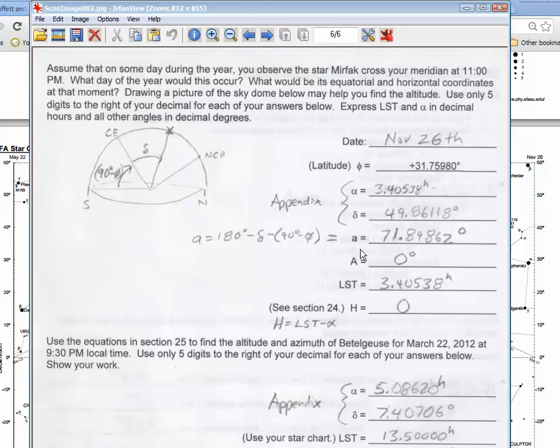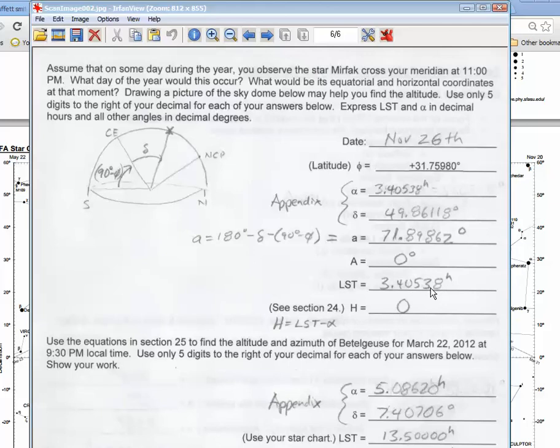So this is how you find altitude if an object is on the meridian. You take 180 minus delta minus the 90 minus phi. And that's only if it's gone beyond the zenith. You can easily find the other equation if it's, say, south of the zenith rather than north of the zenith.